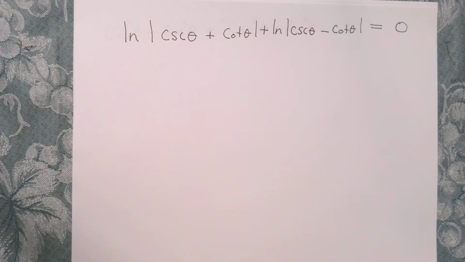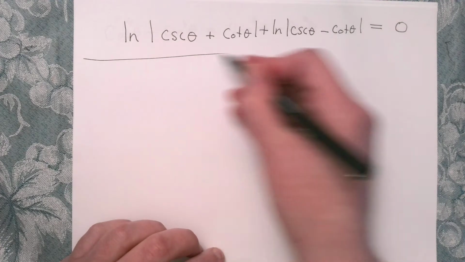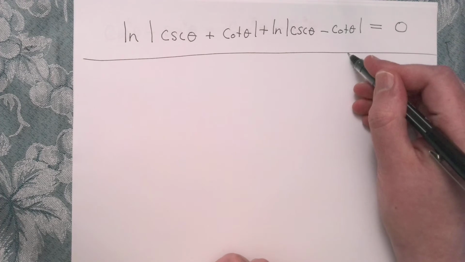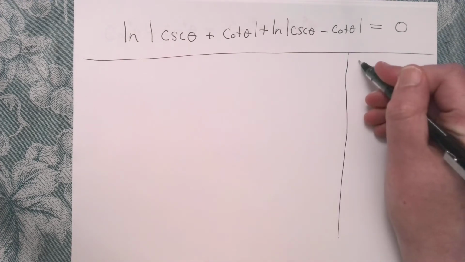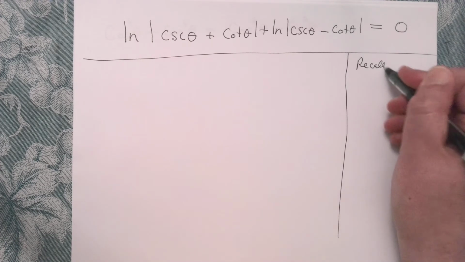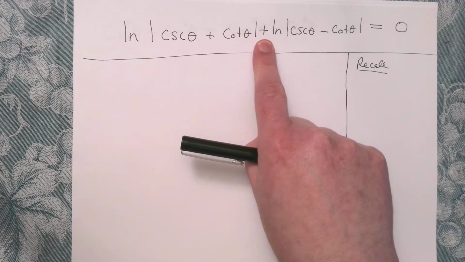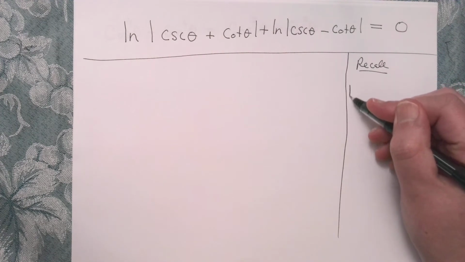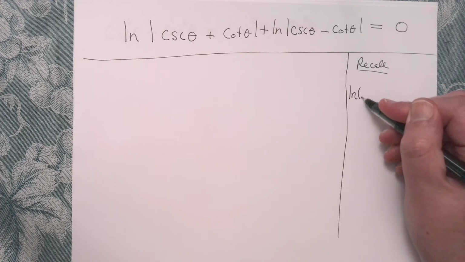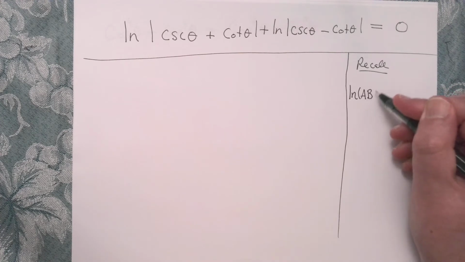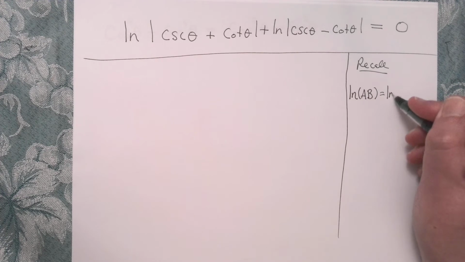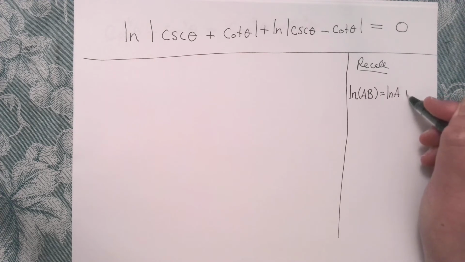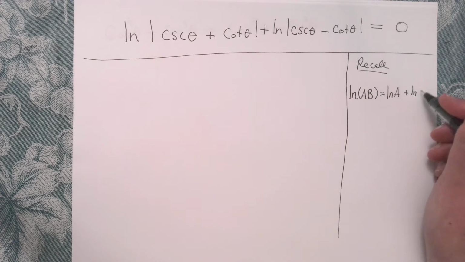Okay. I think it might be handy to think about properties of logarithms. So this would be a good time to recall something, in particular because I see a plus. So remember that the natural log of a times b is equal to the natural log of a plus the natural log of b.